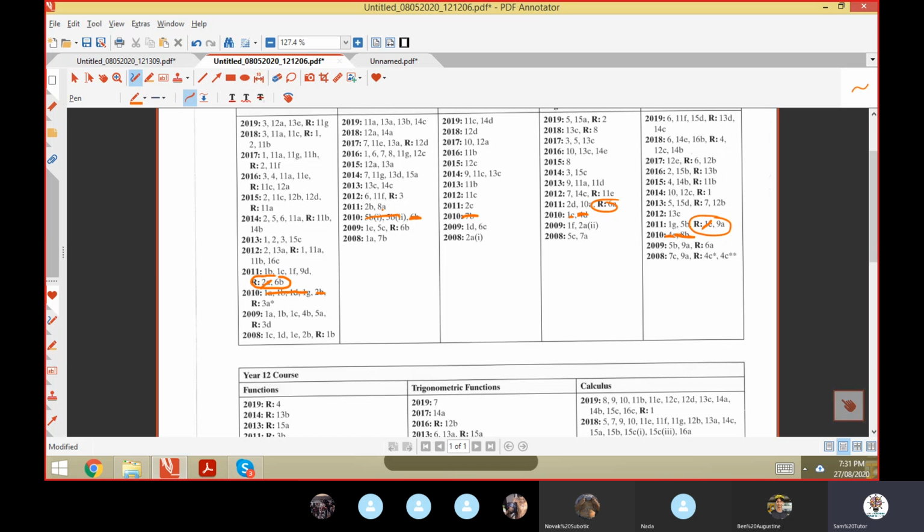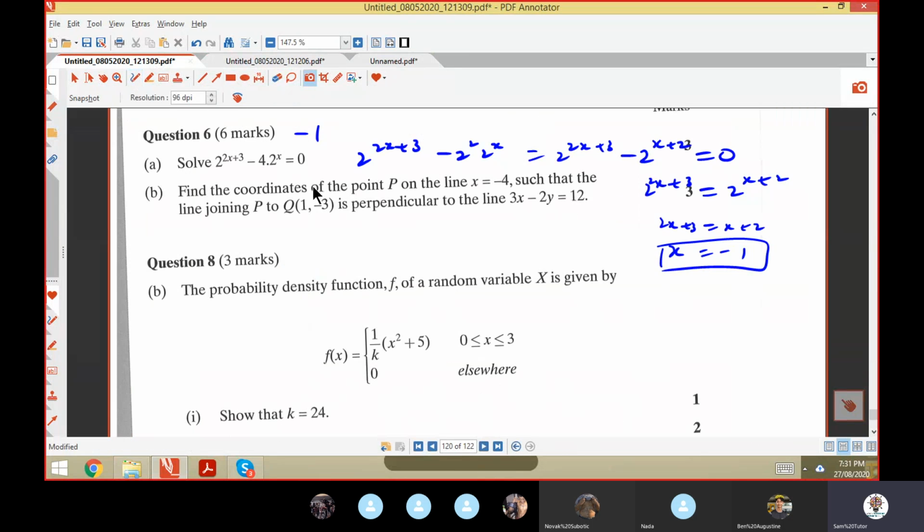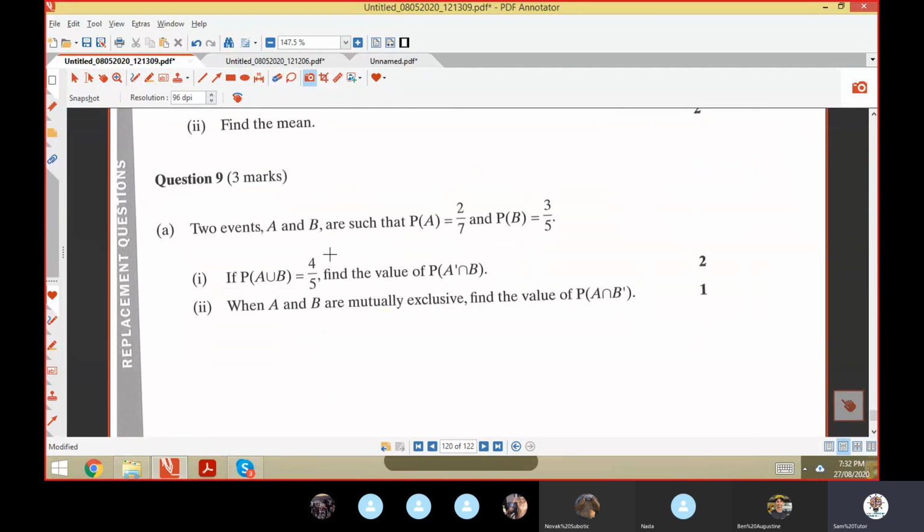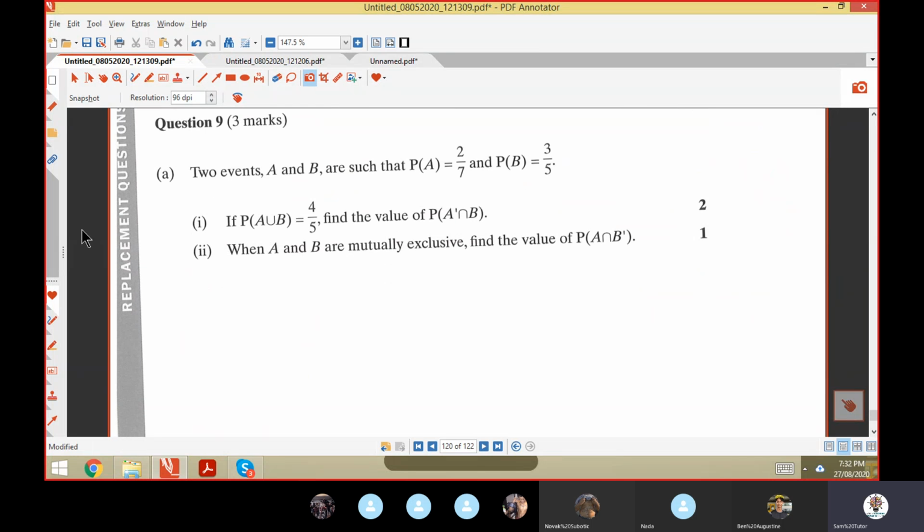All right, let's do some of these ones now. 9D, 8A, 9D, 8A. Oh, let's do that one. 9A.